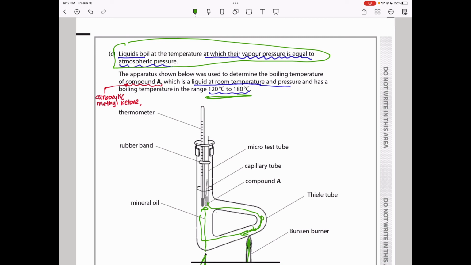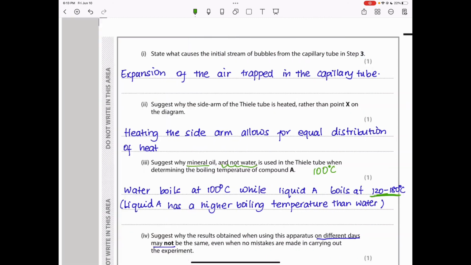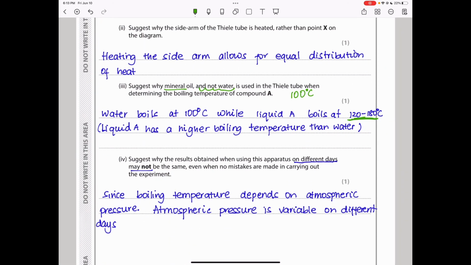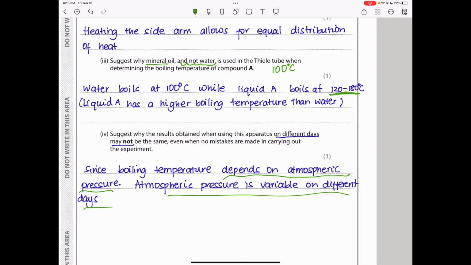Now we know atmospheric pressure is going to be different on different days, and that means the same liquids are going to boil at different temperatures on different days due to the difference in atmospheric pressure. So I say since boiling temperature depends on atmospheric pressure, which is variable on different days, that is why we have that.